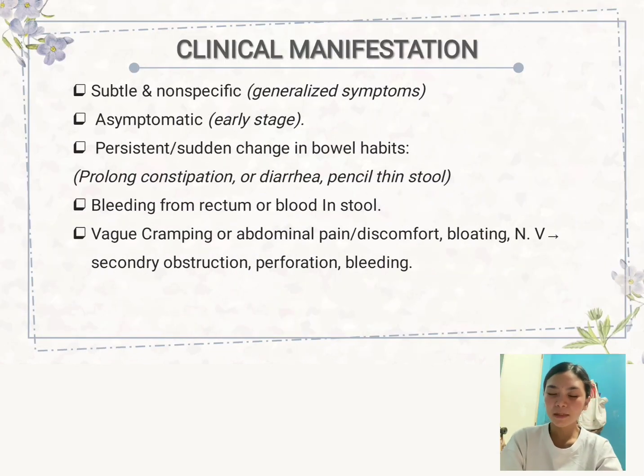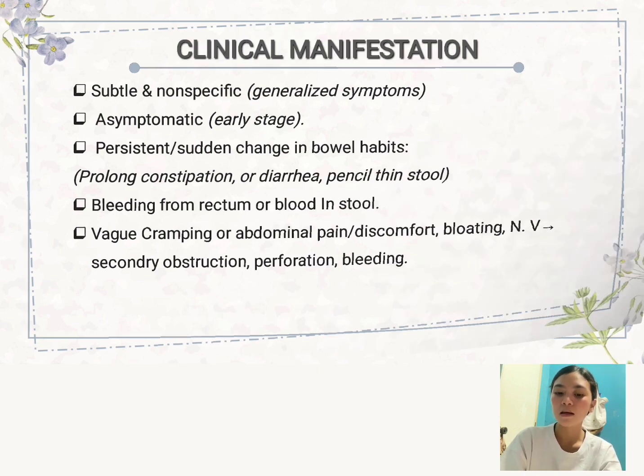So the clinical manifestations are subtle and nonspecific or generalized symptoms, asymptomatic in early stage, persistent or sudden change in bowel habits like constipation or diarrhea, bleeding from rectum or blood in stool, vague cramping or abdominal pain, discomfort, bloating, secondary obstruction, perforation, and bleeding.